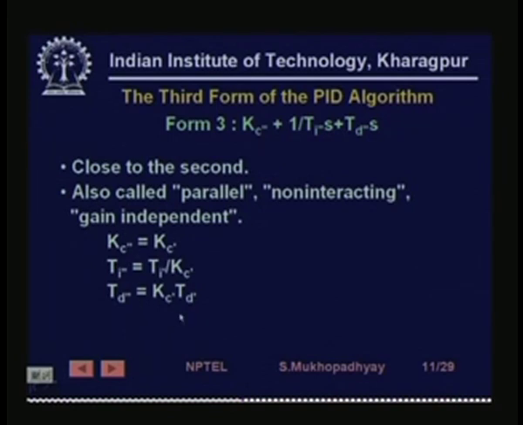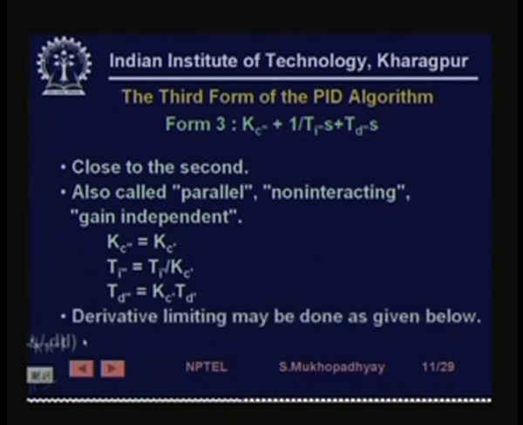These are the standard equations, and this is the relationship between the third form and the second form. You already have a relationship between the second and the first, so you can substitute and get the other one, and you can similarly do a derivative limiting by having another lag term with the derivative term.